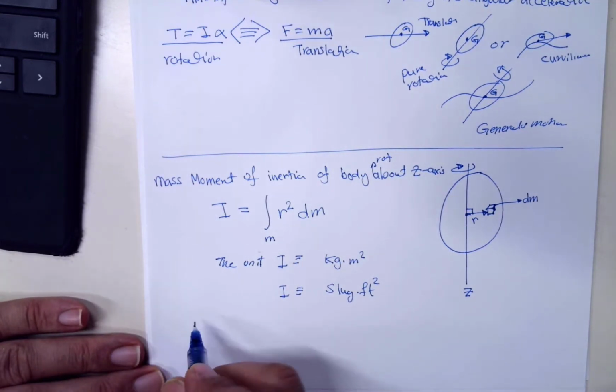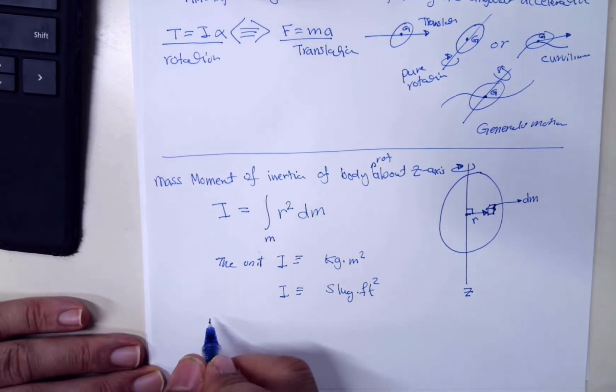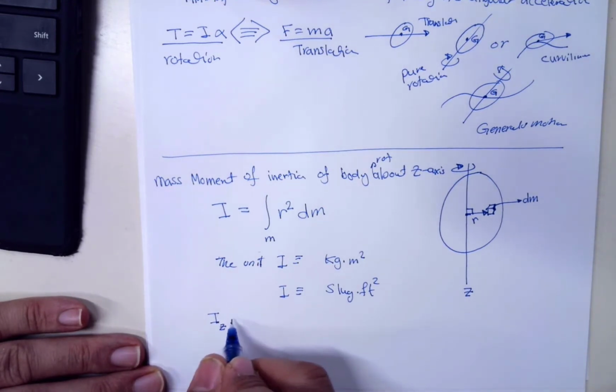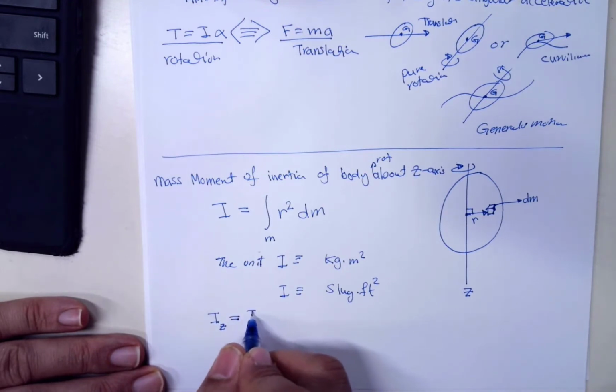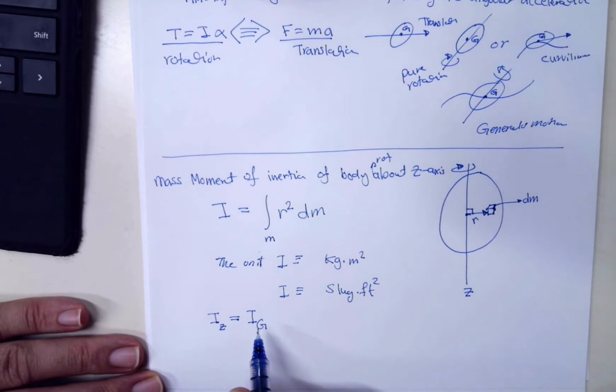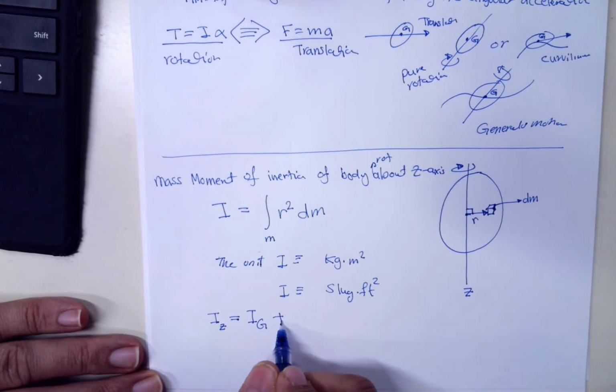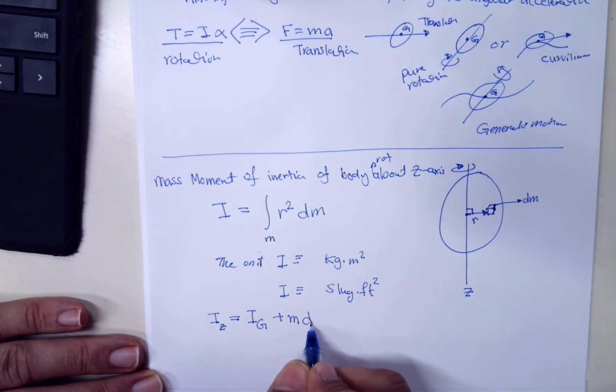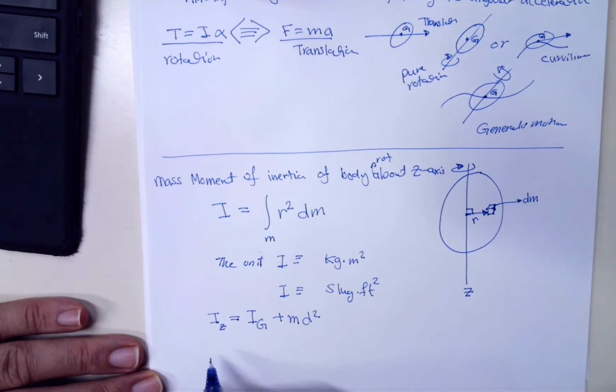In this case, the parallel axis theorem can be defined by I_Z, the moment of inertia about an axis Z, which is parallel to the axis passing through the center of gravity of that body, plus the mass times the distance squared. The radius of gyration, k, is equal to the square root of the mass moment of inertia divided by the mass.